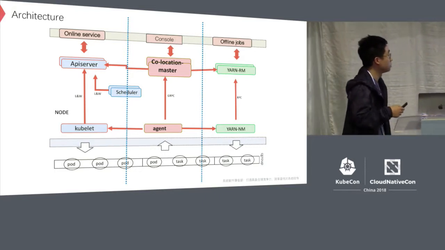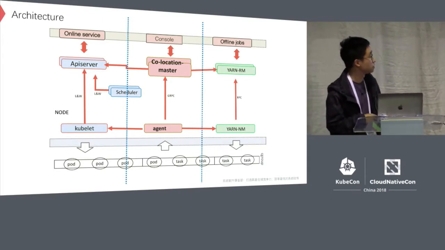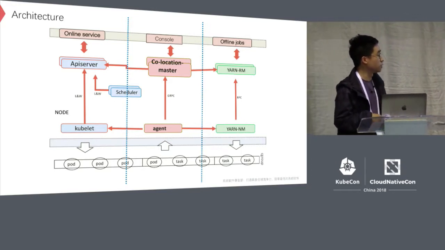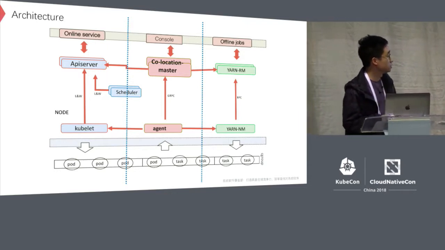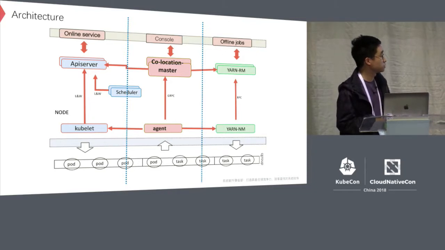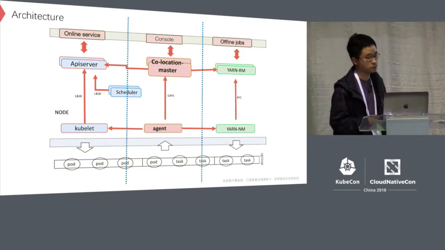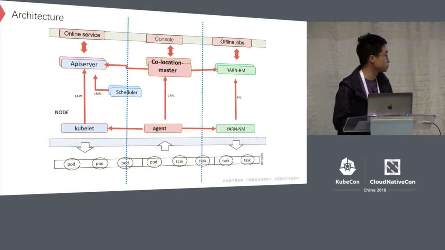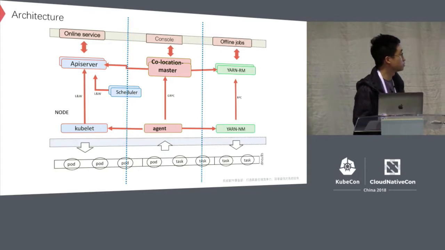If it discovers the API resource is not enough, it will, based on the information reported by the agent, choose some nodes which are suitable to preempt the pods. The reason why we are doing this is we need to ensure the online demand is met, on our priority list for the online requests.